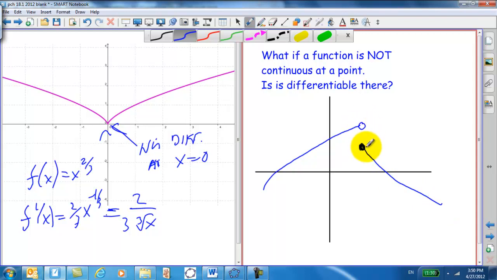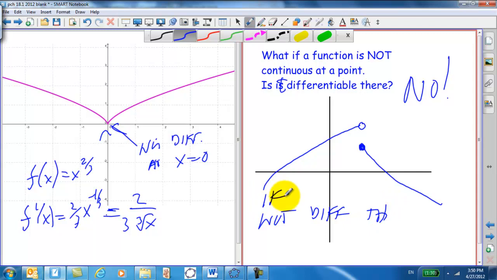Is it differentiable there? And the answer, no. If it's not continuous at the point, you can't possibly draw a tangent line that'll satisfy both directions. So if it's not continuous, then not differentiable.